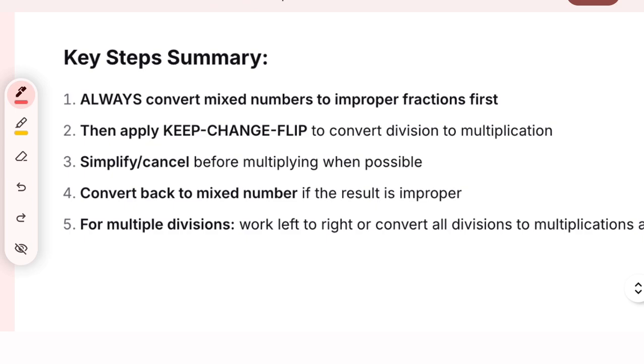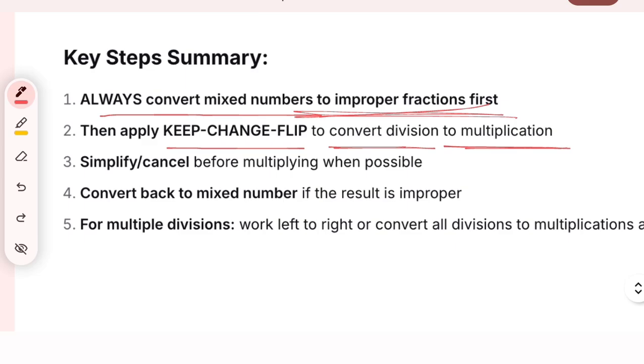So here's the summary of what we just did for all our problems. The first step is to always convert mixed numbers into improper fractions first. And once they are improper fractions, since it is division of fractions, you apply keep, change, flip, so you convert the division into multiplication. You can simplify before multiplying if you want. If the numbers are huge, you can simplify the numbers before you multiply them.